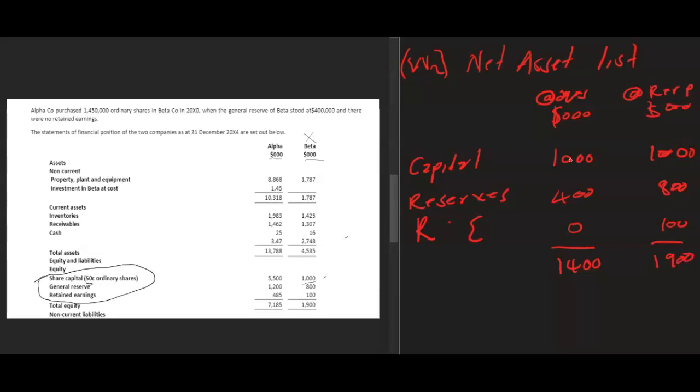The difference between the pre and the post, or the acquisition and the reporting, gives us the post-acquisition profit. And we can see that the post-acquisition profit here, the difference, is 500. So that becomes our post-acquisition profit.